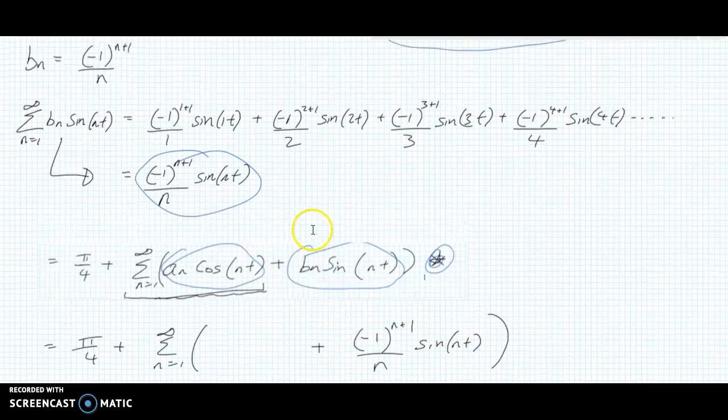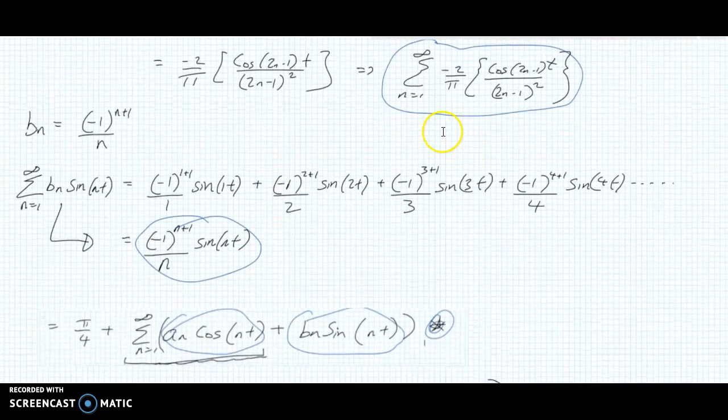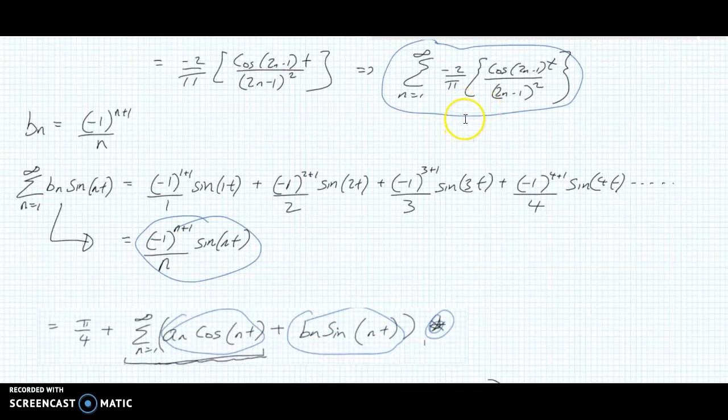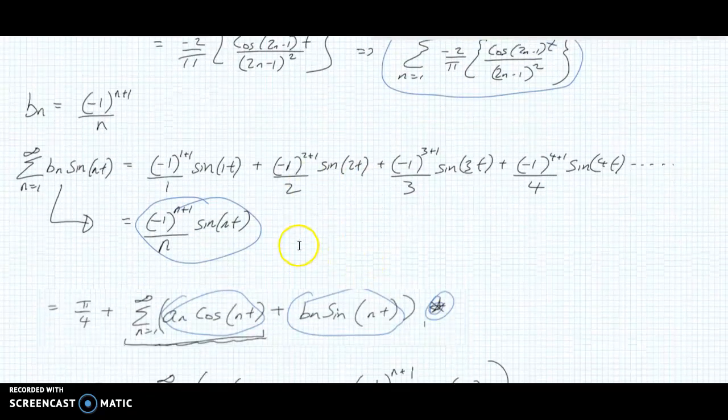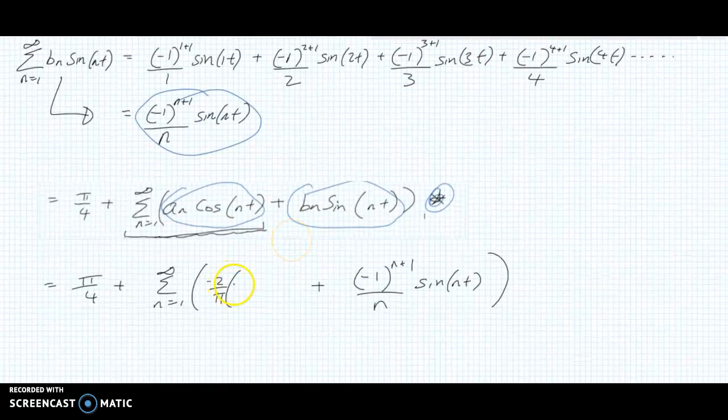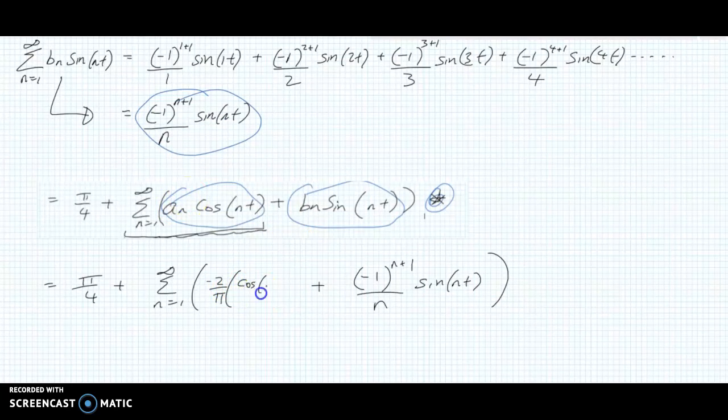And the first structure was this messy looking stuff here: minus 2 over pi, open a bracket, and then we had cos (2n minus 1)t all over (2n minus 1) squared.